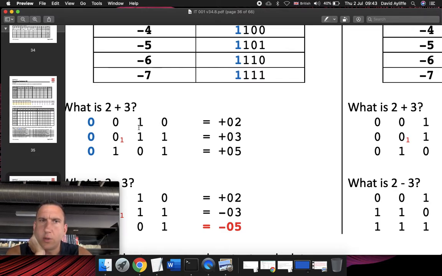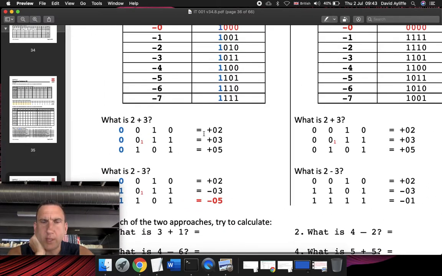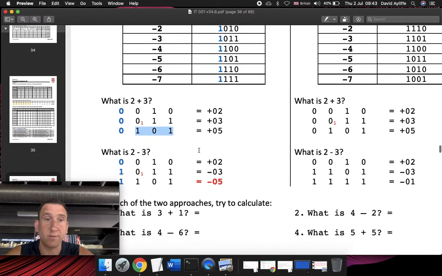Good. 1 and 1 is 2, so that's 0 carry 1. 0 and 0 and 1 is 1. And then this is just 0. This stays as 0. And 2 plus 3: this is 4 plus nothing plus 1, so that's 5. Super. Seems to work. Well, it works so far.